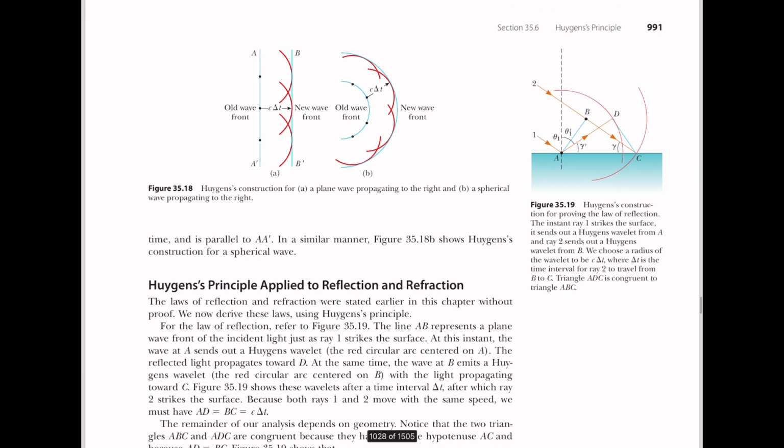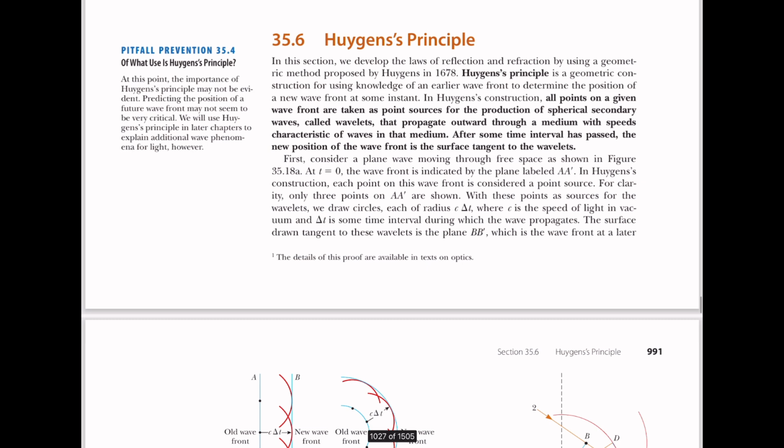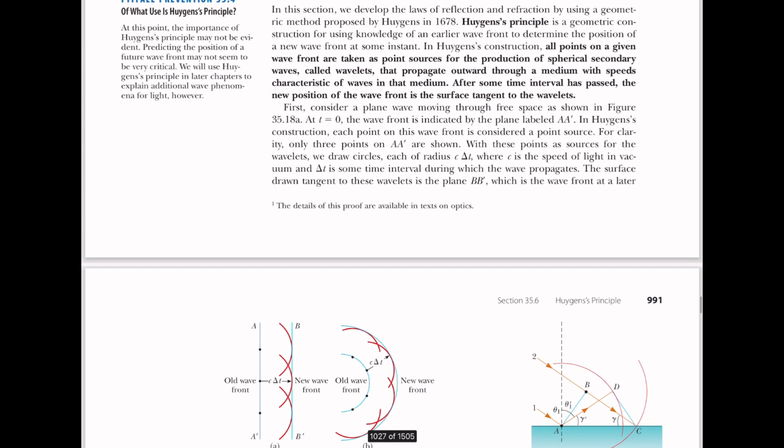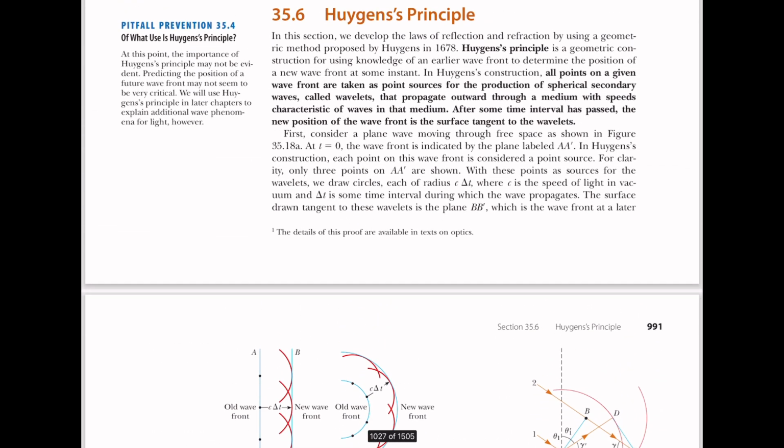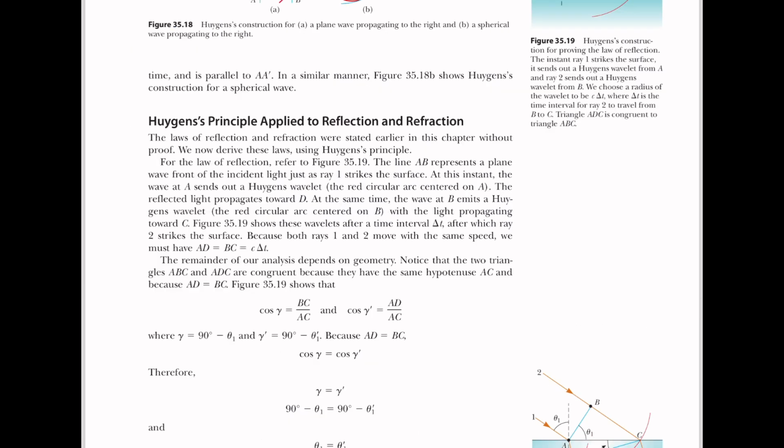Very, very interesting. So what we read here was the first 2 paragraphs and the first image of section 35.6, and it kind of fits together what is happening. The next big bulk in the chapter here is Huygens' principle applied to reflection and refraction. The laws of reflection and refraction were stated earlier in this chapter without proof. Now we derive these laws using Huygens' principle.